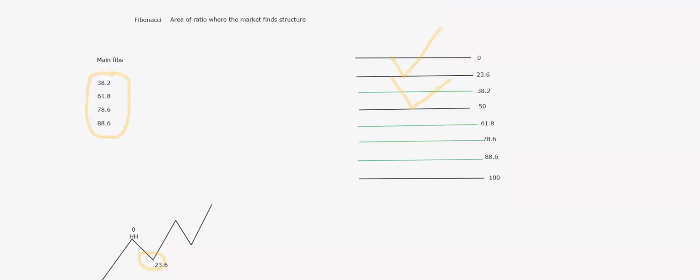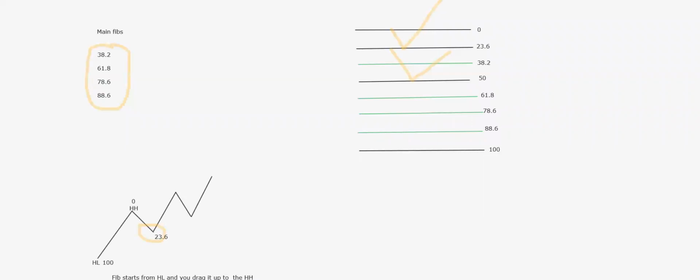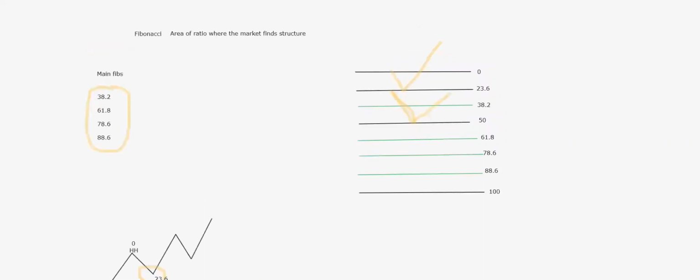Price reacts a certain way within these numbers. So if we were in an uptrend and price landed on 50%, it's a valid structural pattern. If price lands on 23.6, it is not a valid structure pattern. If price lands on 38.2, it is a valid structure pattern.